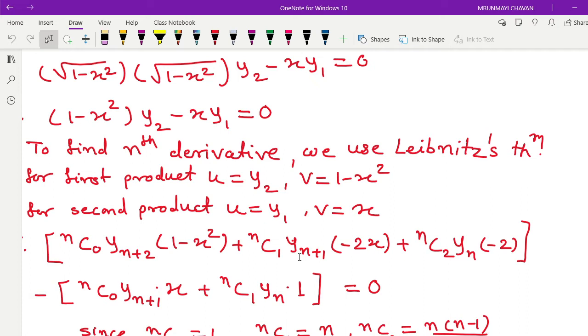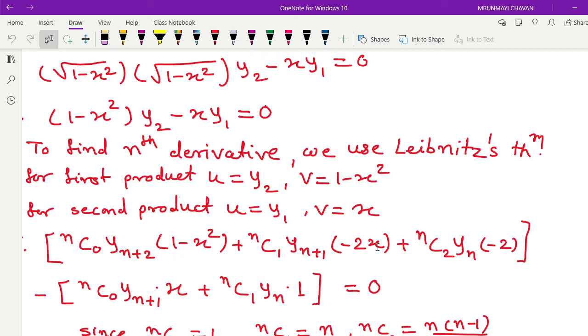So here you reduce by 1 from this order, whatever order is written here. So this is yn plus 2, so the derivative decreased by 1, then this becomes yn plus 1.